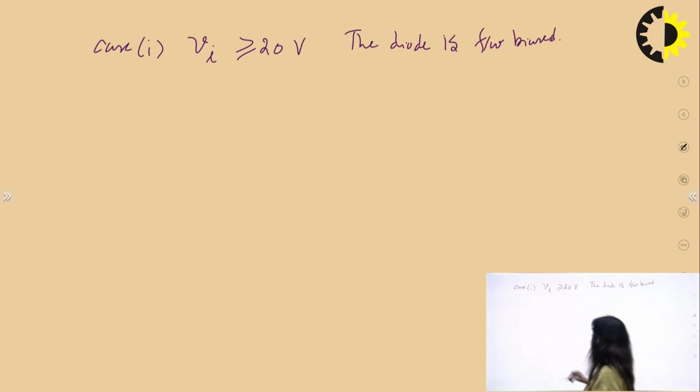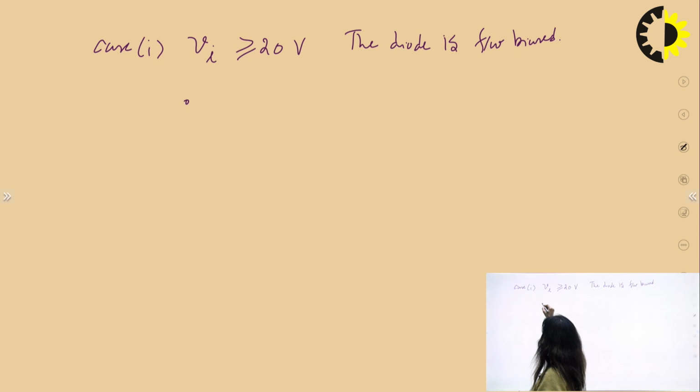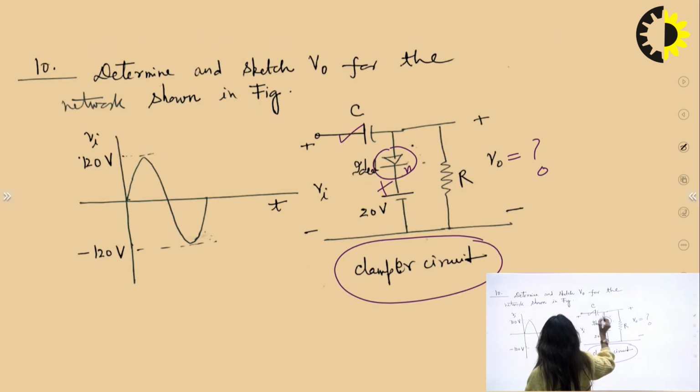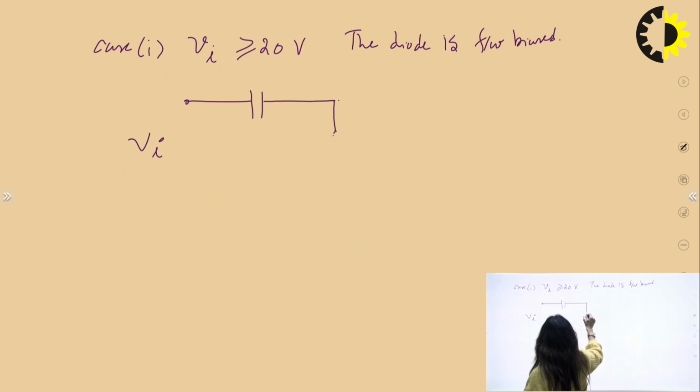In forward bias, the diode will become a short circuit.